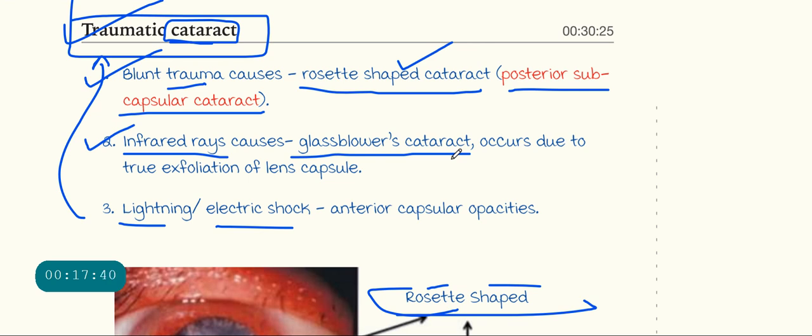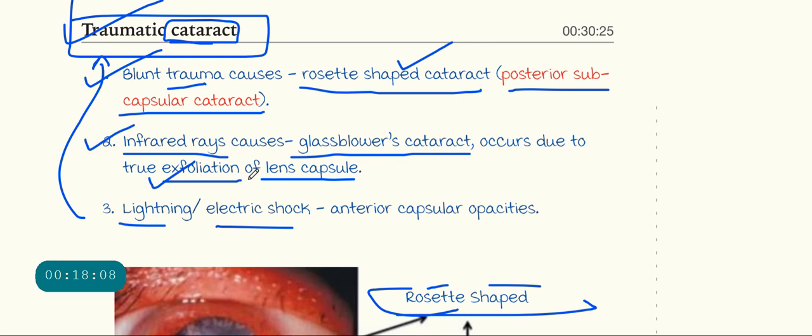The next is infrared, which leads to glass blower's cataract. It occurs due to true exfoliation of the lens capsule, which ultimately leads to glass blower's cataract.